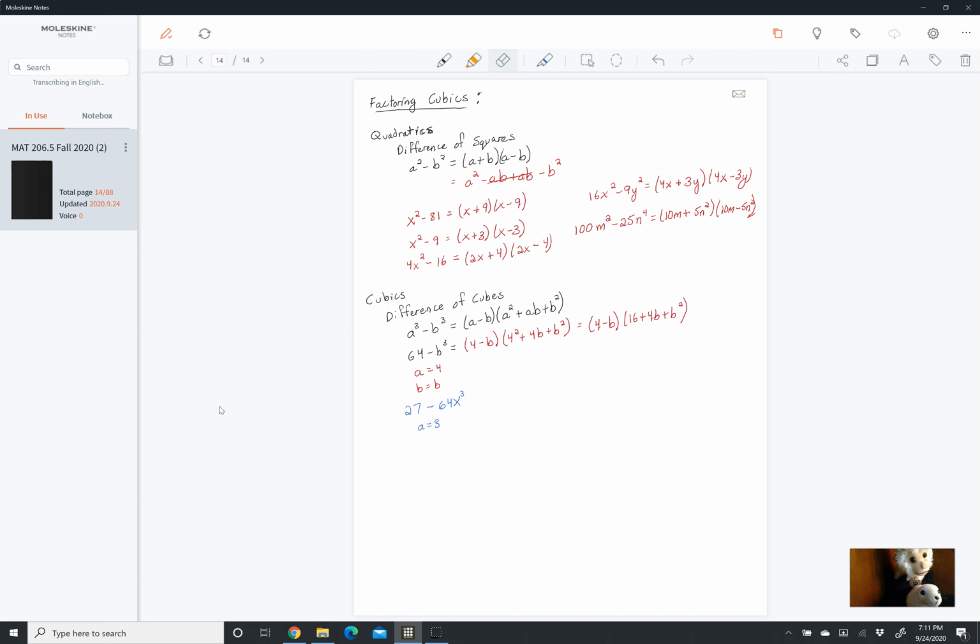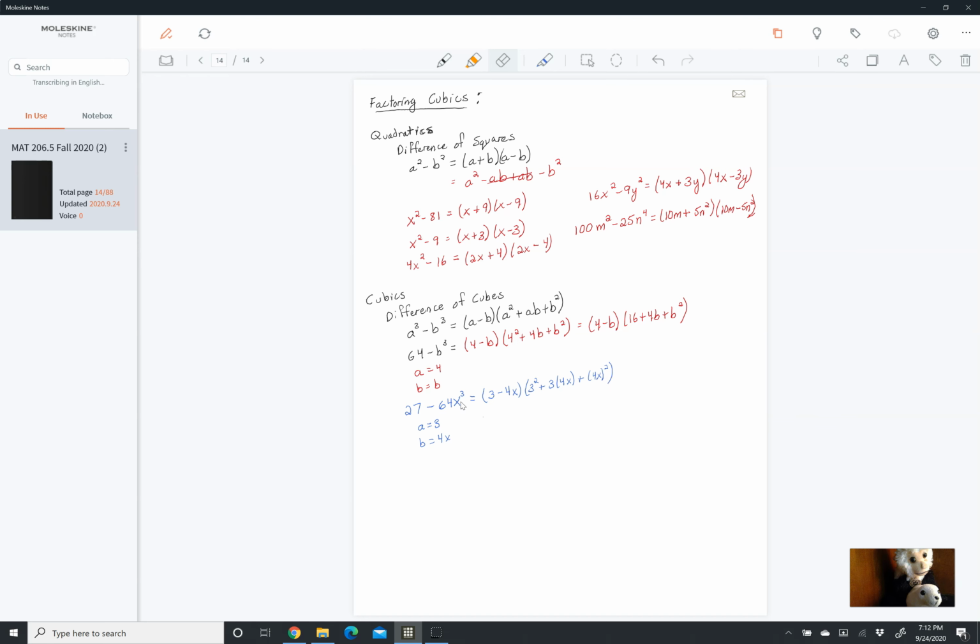The cube root of 27 is 3. And your b is just 4x, because the cube root of 64 is 4, and the cube root of x cubed is just x. So again, this is just a plug and chug. So it's a minus b times a squared, which is 3 squared, plus a times b, so 3 times 4x, and then plus b squared, so plus 4x squared.